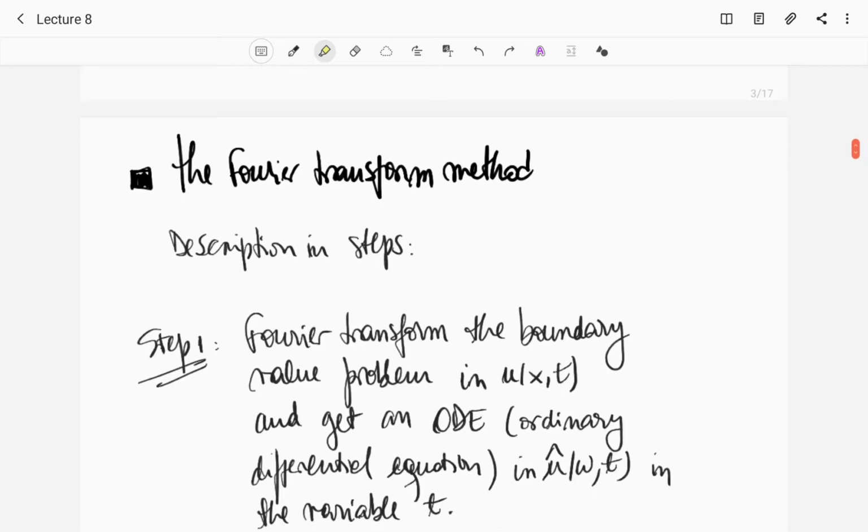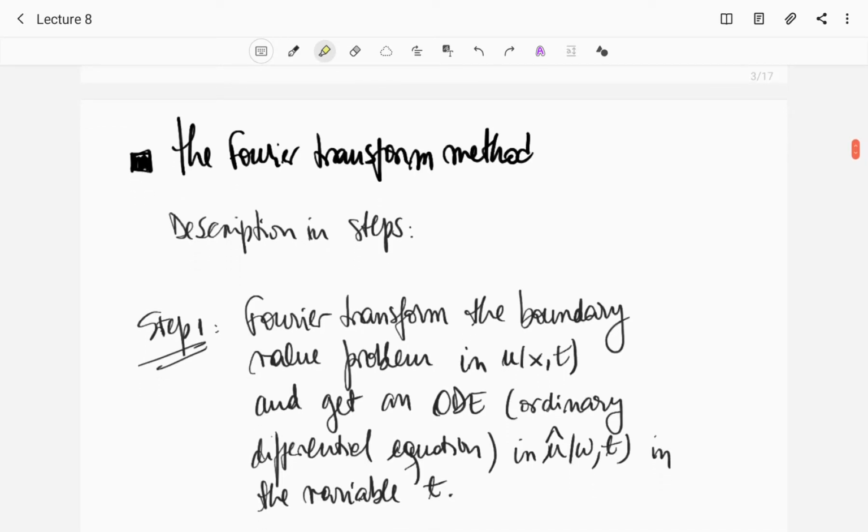So now we are able to give the Fourier transform method, and as usual we try to describe it in steps because it's easier to understand, to remember and to learn how to solve a partial differential equation through this method.